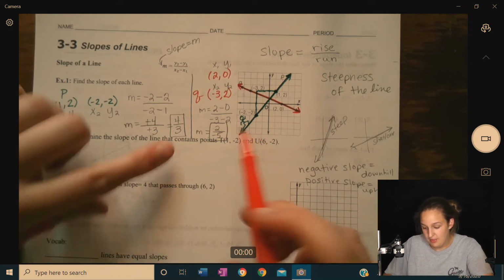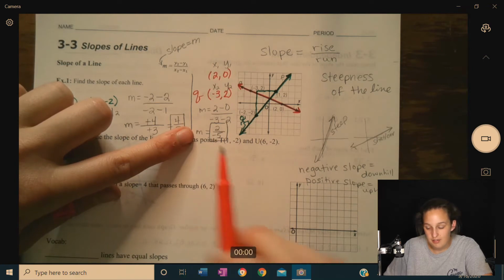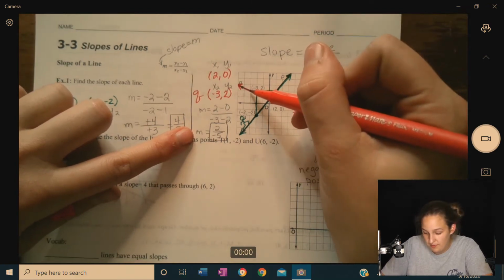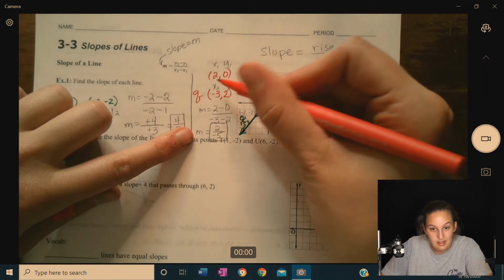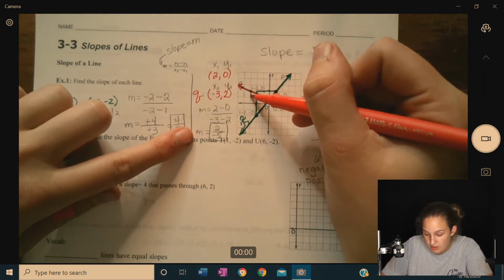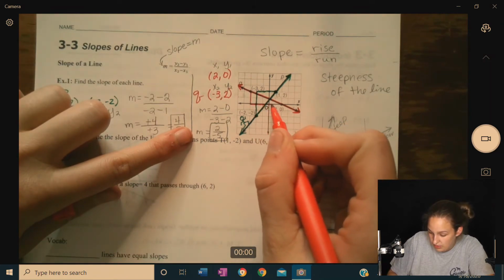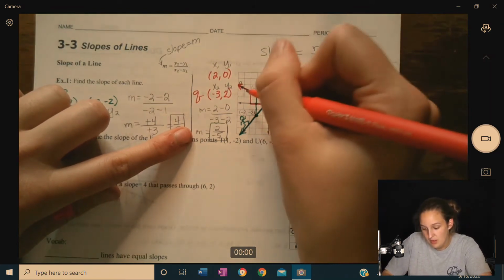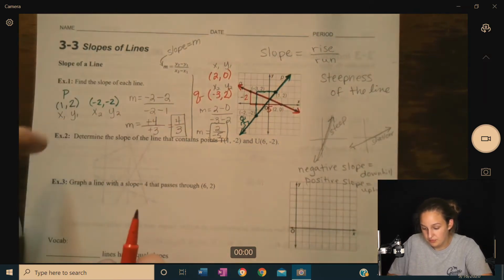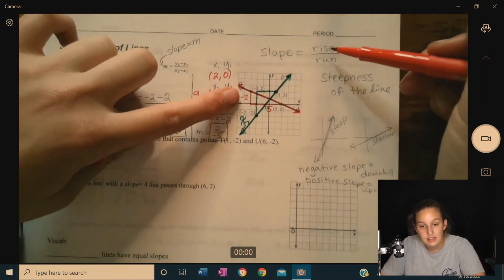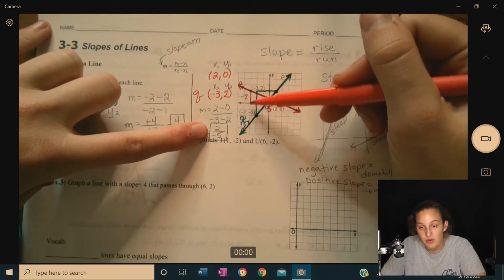For 2 over -5, that means that you're going up 2 and then to the left 5, or you can go down 2 and then to the right 5. 1, 2, 3, 4, 5. So down 2 and then to the right 5. Rise, since you have a negative number, you actually go down, you don't go up.